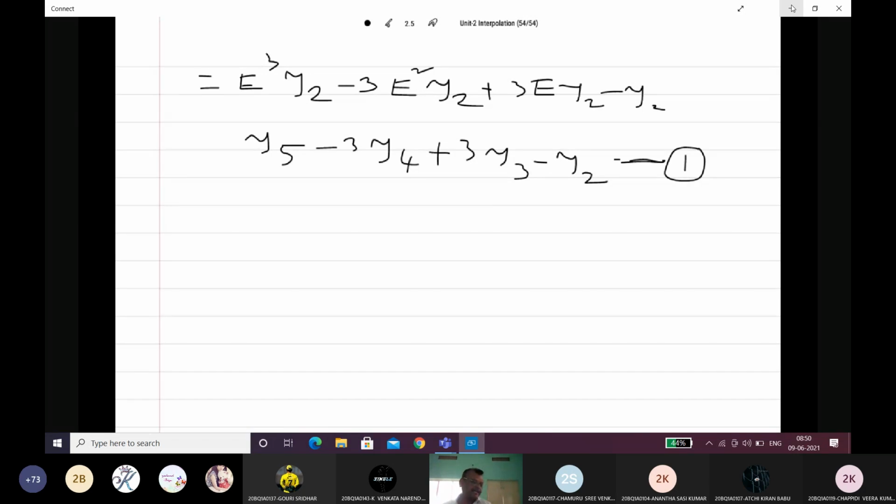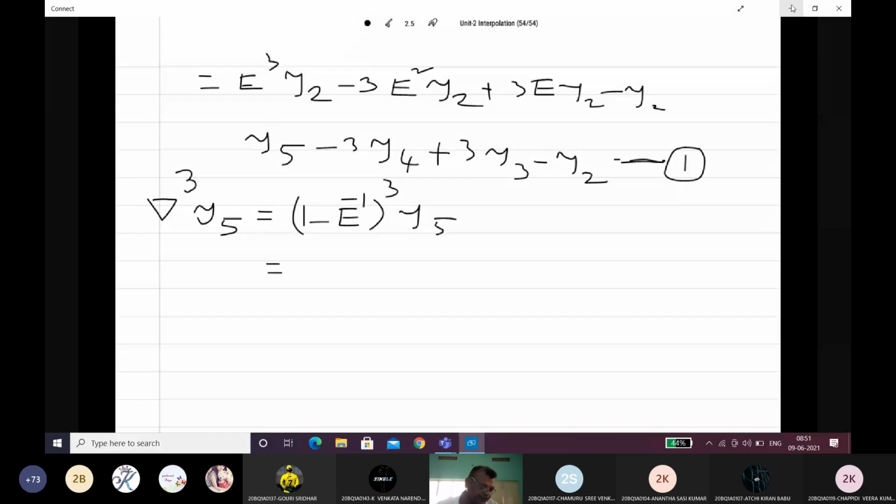Similarly, take the second one. Similarly, delta cubed y5 is equal to 1 minus e inverse whole cubed y5.